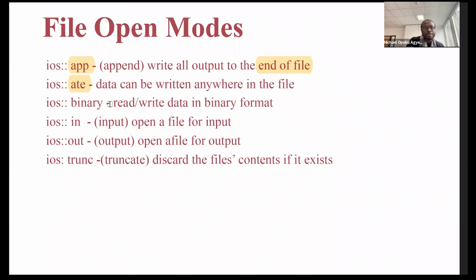Anyway, for read-write of binary data in binary format, ones and zeros, you can just use this option to read binary files. And I think the only thing that actually stands out is the truncate option, where you can discard the existing content.